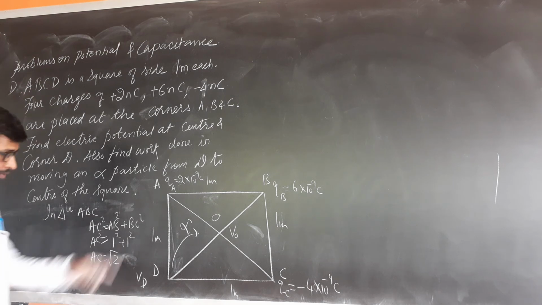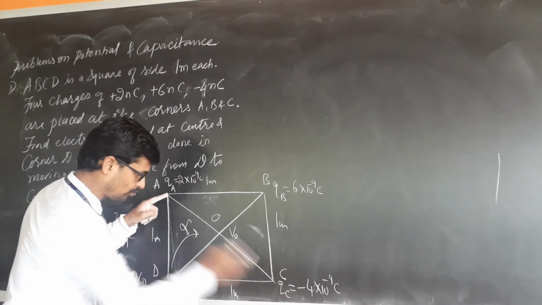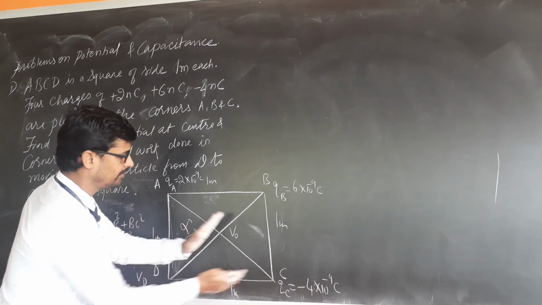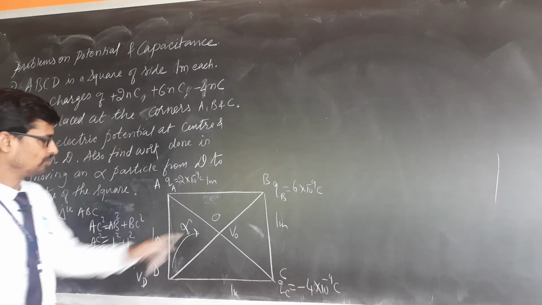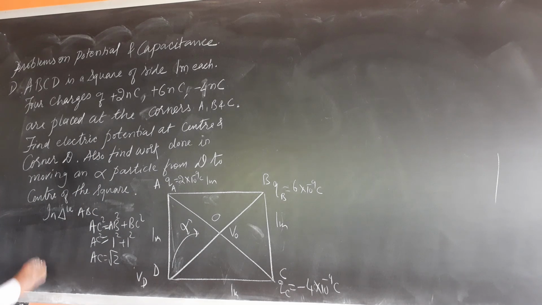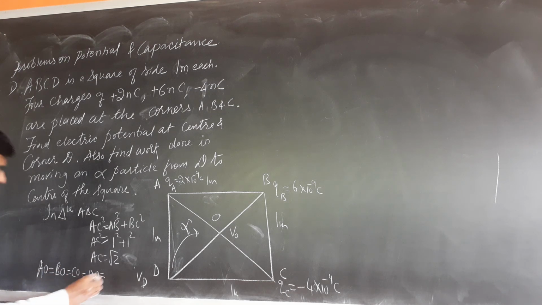AC is root 2, so how much is AO? AO is AC's half portion. AO is equal to BO is equal to CO is equal to DO is equal to AC divided by 2.